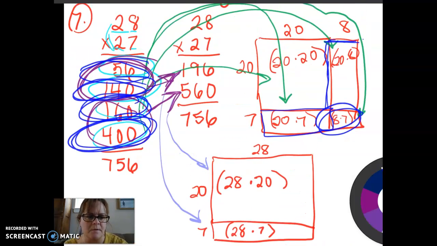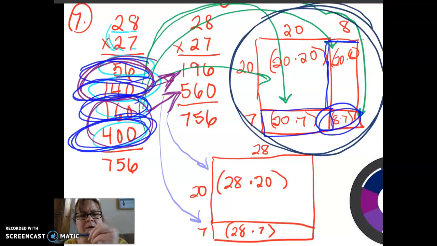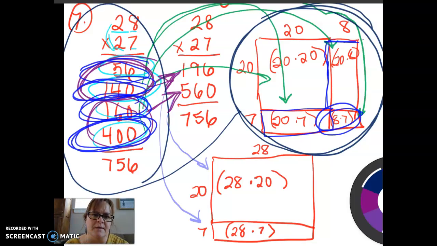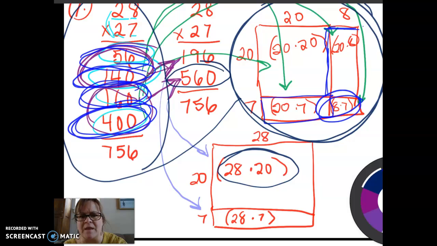You could also look at this. This right here is what it would look like if we wanted a math diagram to reinforce our partial products multiplication. If we wanted to show a math diagram to reinforce our traditional algorithm, then we would want to show 28 times 20 and 7, because when we multiply 28 times 20, we get this row.